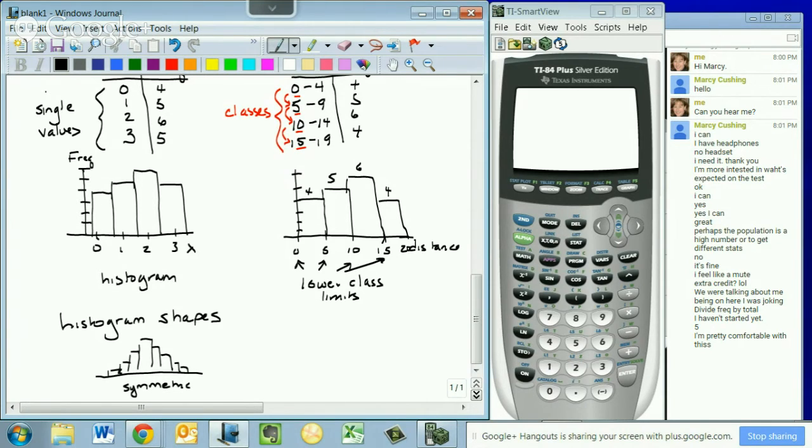The reason why this is going to be important is that in the next chapter we're going to talk about calculating statistics, and some statistics work better with symmetric distributions and some work better with skewed distributions. If your histogram has a long right tail, it's called right skewed. If it has a long left tail, it's called left skewed.